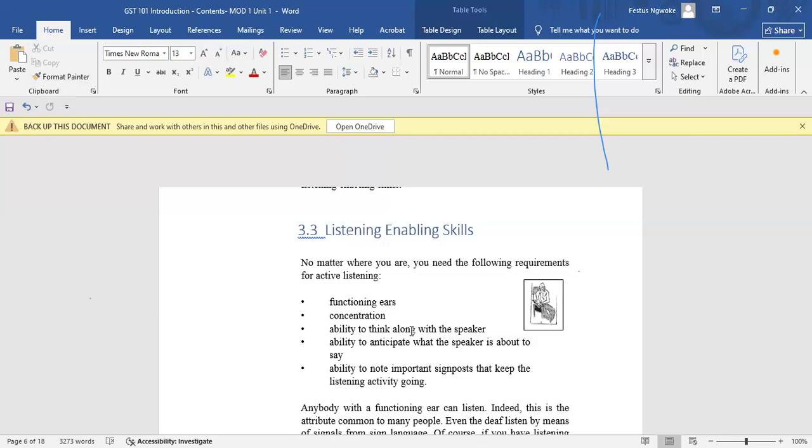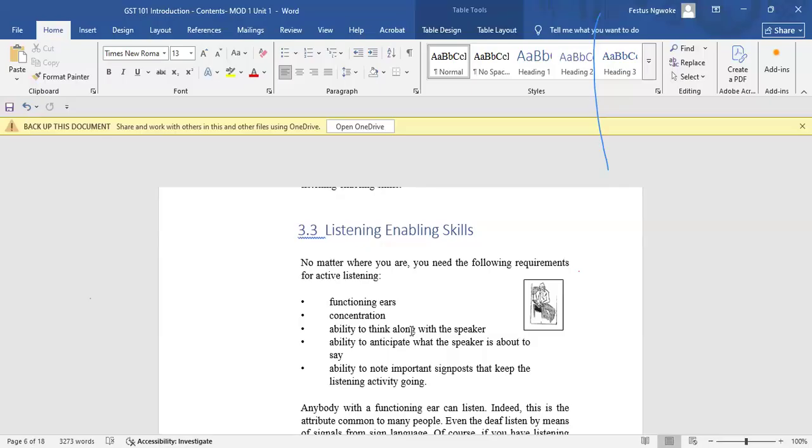Functioning ears, not ears with defect, not ears that have problems. When we have functioning ears, it will enable listening to take place effectively. Then we will talk about that one after the other.